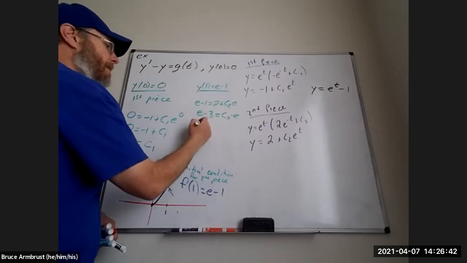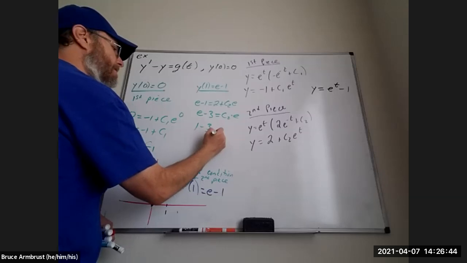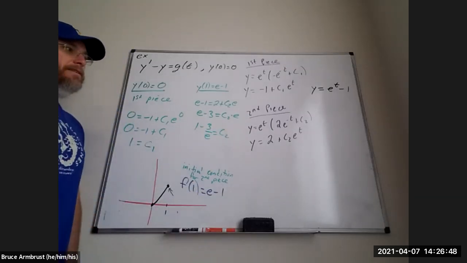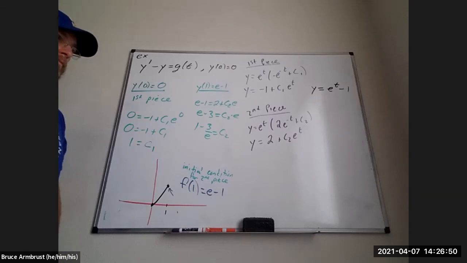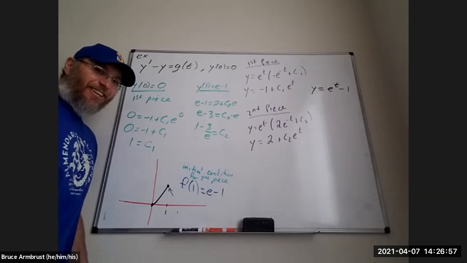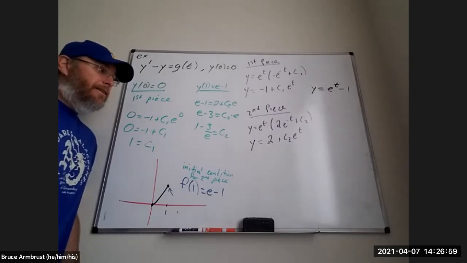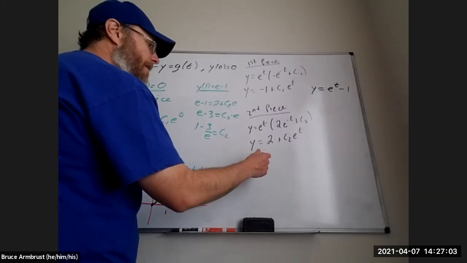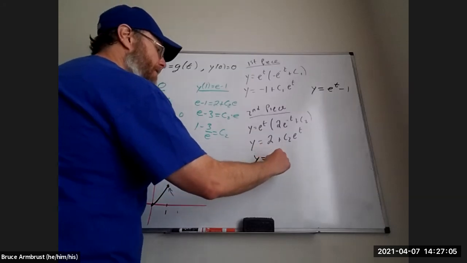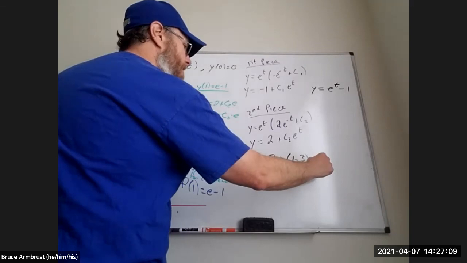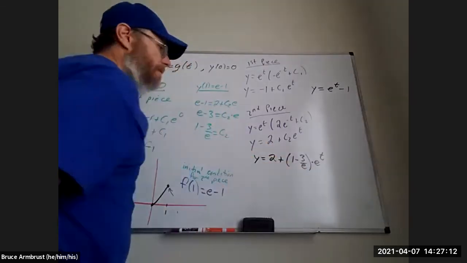And then dividing by e, there's my C2. Yeah, it's an ugly looking C, but it's our C2. So that means that y, the second piece, is going to be 2 plus (e minus 3) over e times e to the t.